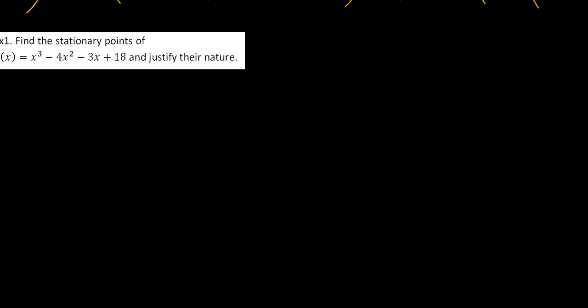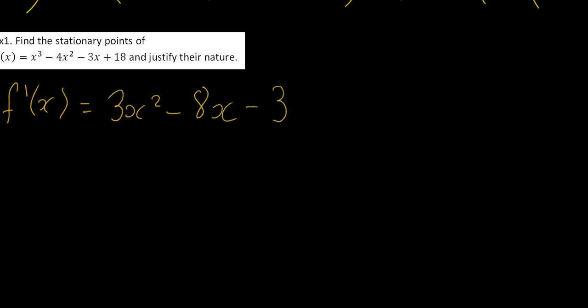The procedure for finding stationary points is, of course, to find out when your gradient is 0. So what defines your gradient? Well, your gradient is f dash, right? F dash over here, the derivative of a polynomial, is quite simple. x cubed turns into 3x squared. Minus 4x squared is minus 8x. And over here, minus 3x becomes minus 3. We want to set this equal to 0 for our stationary points, or any stationary points that we can find.